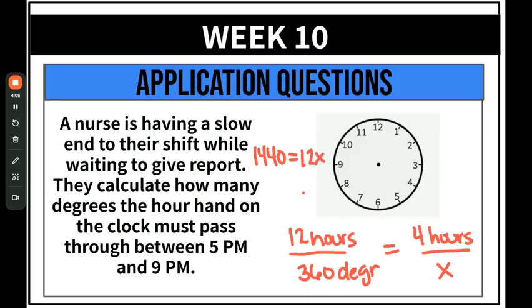Okay, now we can solve for x by dividing both sides by 12. This will cancel and it gives me x equals 120 degrees. So that is how many degrees are between 5 p.m. and 9 p.m.